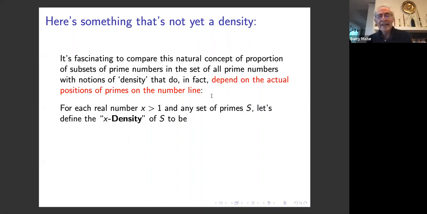you give me a real number x greater than 1, and any set of primes S. And this is a made-up word for this lecture.